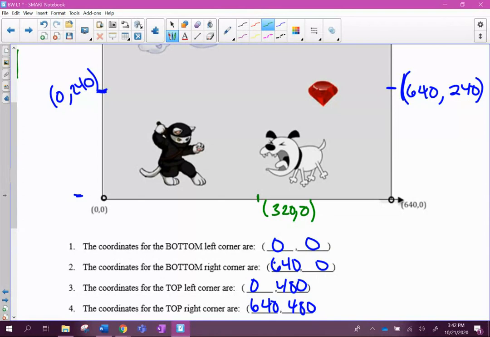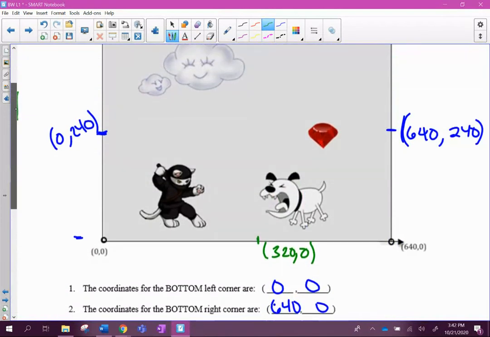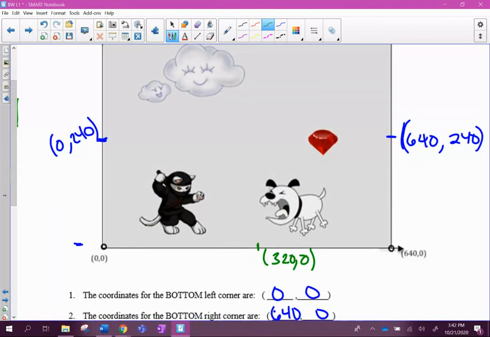Okay. Then our last section here says the coordinates for the player, which is a ninja cat, the danger, which is a dog, and the target, which is a ruby, are approximately. So if we look, ninja cat's about halfway between the 0 and the 320. So half of 320, this would be 160.